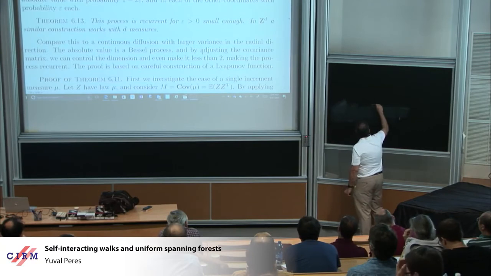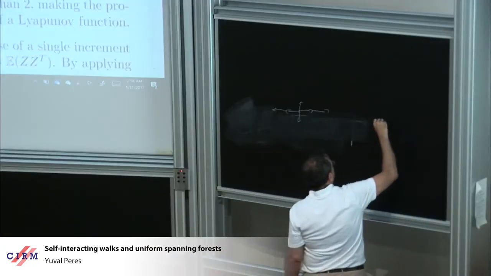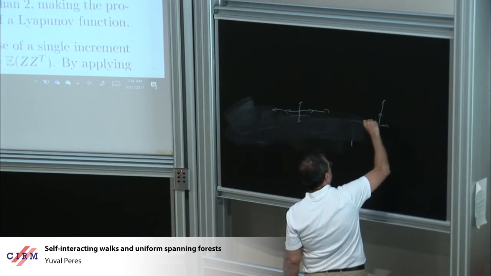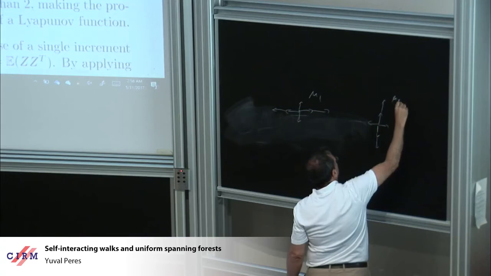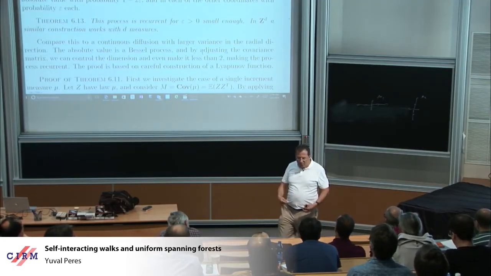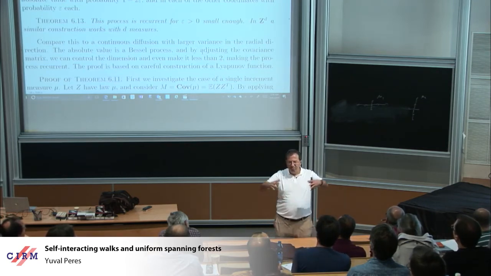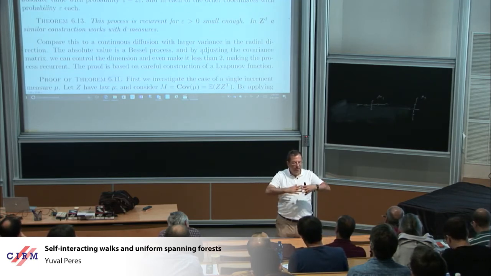So we have 2 different measures, mu1 and mu2. Say one of them is like this, and maybe the other one is like that. So you have 2 measures, mu1 and mu2, that describe possible jumps. All we are assuming on these measures is they have bounded range and mean 0. And they are fully 3-dimensional.